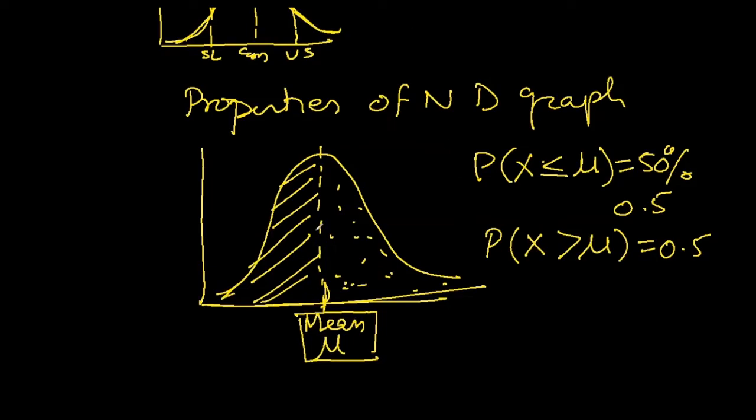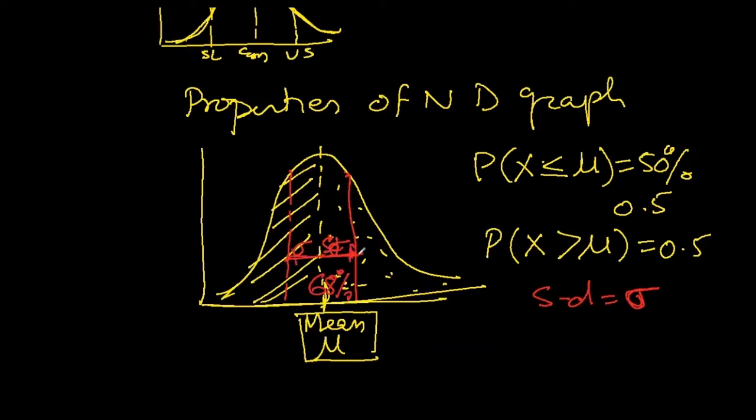Another fact, which is very interesting: if I take one standard deviation, standard deviation is written as sigma. This symbol is called sigma. If we take one sigma above the mean and one sigma below the mean, it is proved statistically that 68% of the data is in these middle two sigmas.